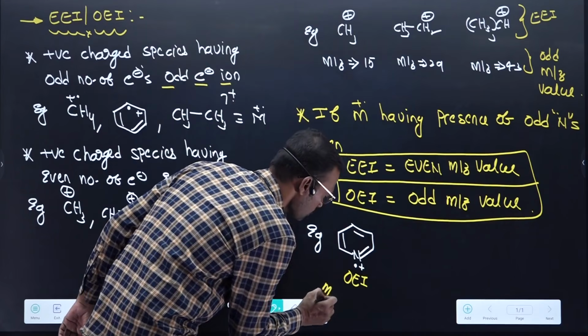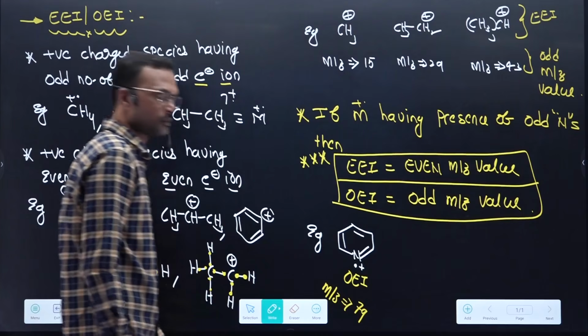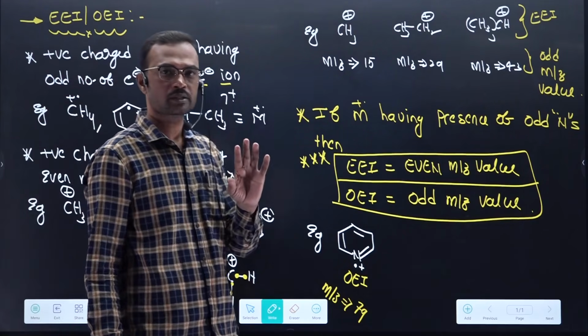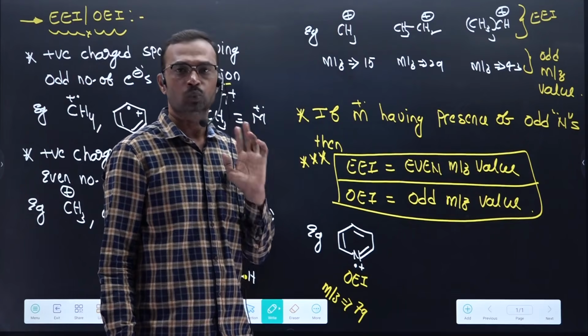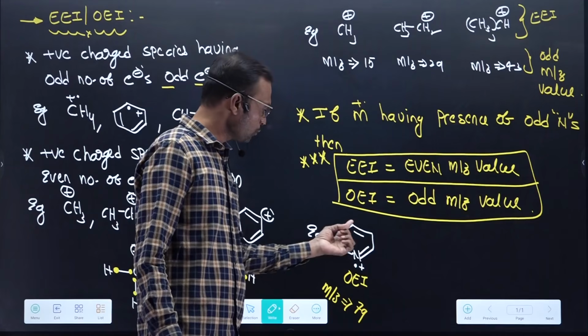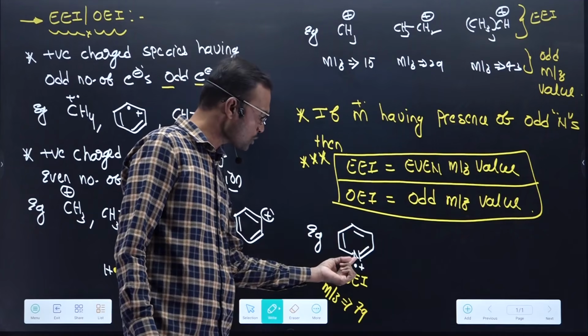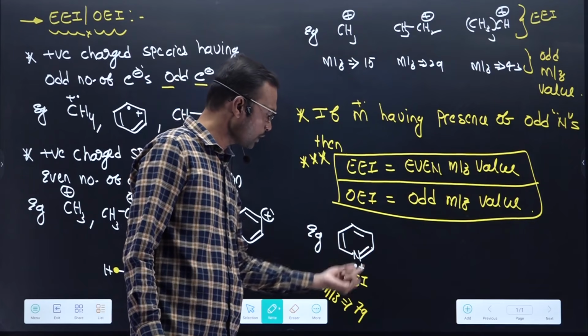If you count the m/z value of this species, it is 79. Just remember, assume even nitrogen also as carbon, and at last, for every nitrogen just add 2. 6 into 12, 72. 72 plus 2, 74. 75, 76, 77, 78, 79.